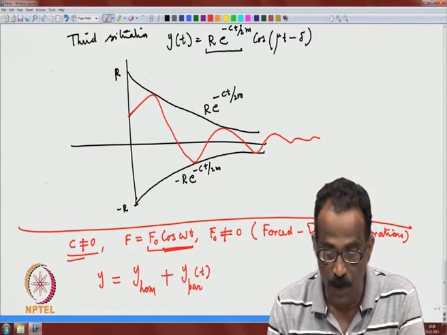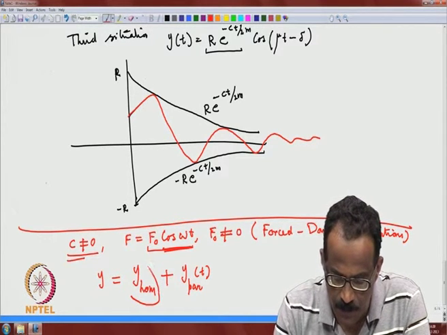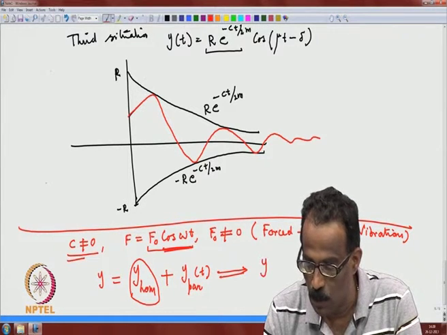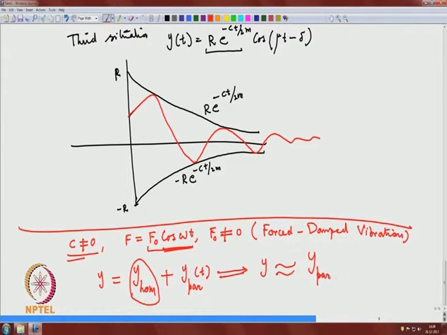And what we have observed is that as t tends to infinity this goes to 0. So, as t tends to infinity, y will behave like the particular solution, because the homogeneous part goes to 0 as t tends to infinity. According to that you can write down your solution.